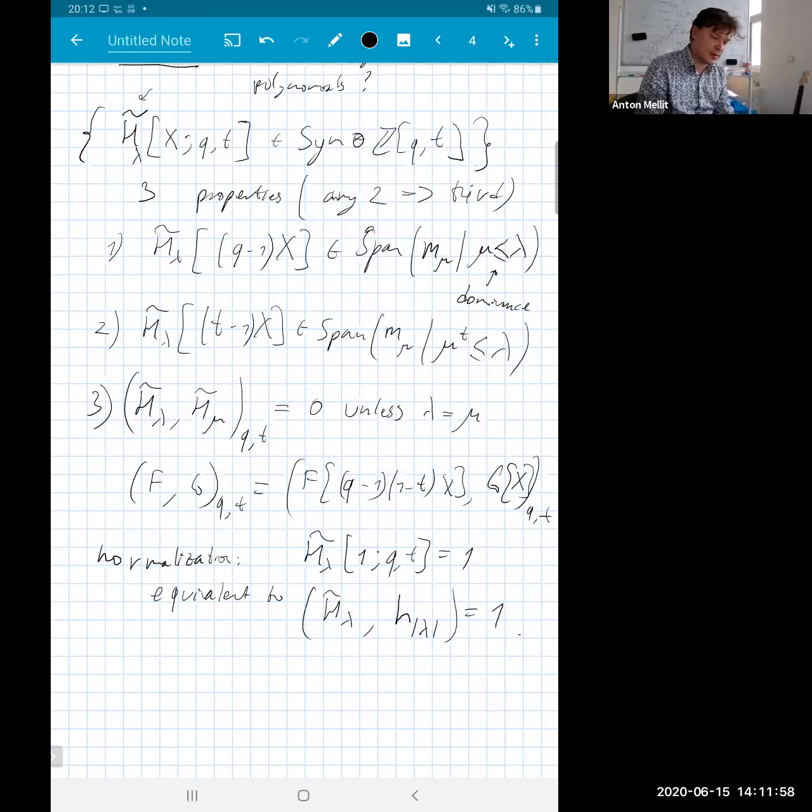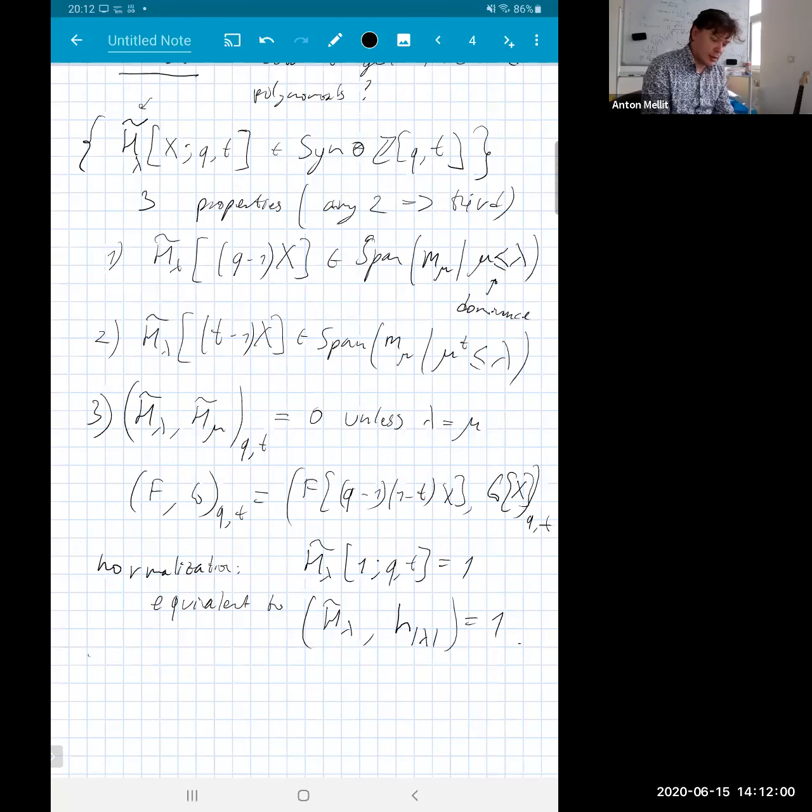Okay, so these are the modified Macdonald polynomials. It's not trivial to prove that they exist, and the proof goes by taking the Macdonald book and then modifying the polynomials according to the recipe of Garcia and others.